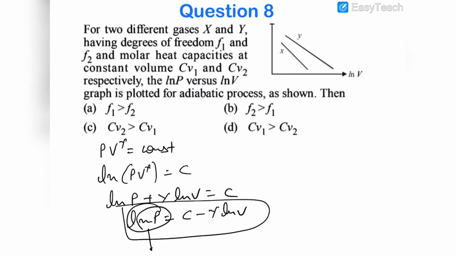This is y, this is x, and this is the slope. You can also see that the slope of X is greater than the slope of Y.